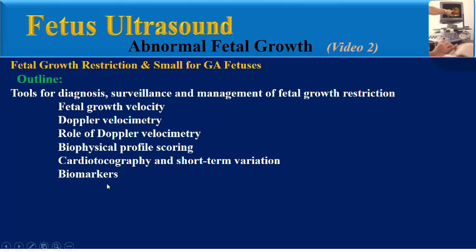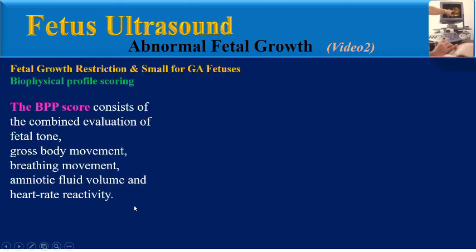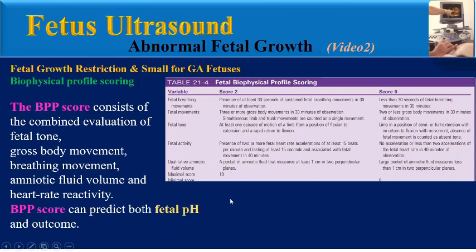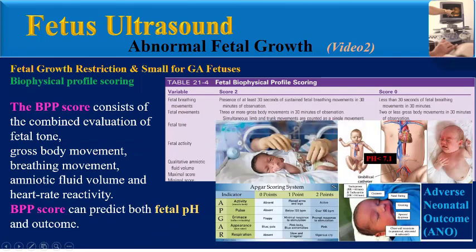Now, biophysical profile scoring. The biophysical profile score consists of the combined evaluation of fetal tone, gross body movement, breathing movement, amniotic fluid volume, and heart rate activity. This score can predict both fetal pH and adverse neonatal outcome.